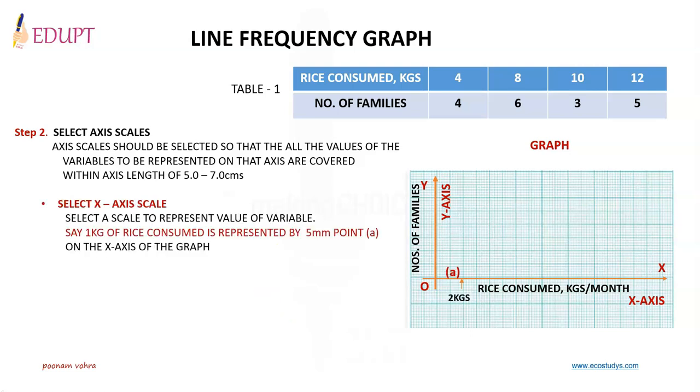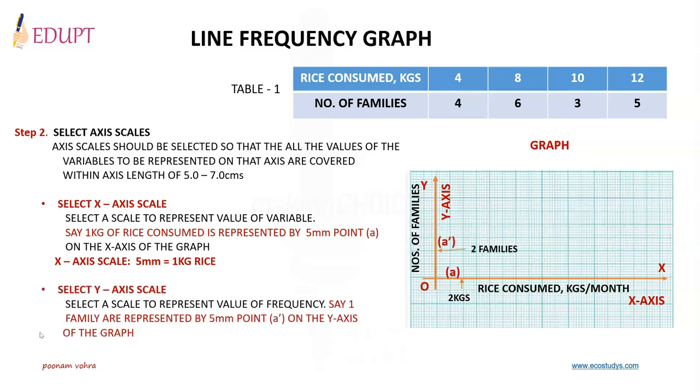And how do we find that? You need to select a scale to represent the value of the variable. On x-axis, say 1 kg of rice consumed is represented by a 5 mm point, which is denoted as A on x-axis on the graph. The scale is 5 mm is 1 kilogram of rice.